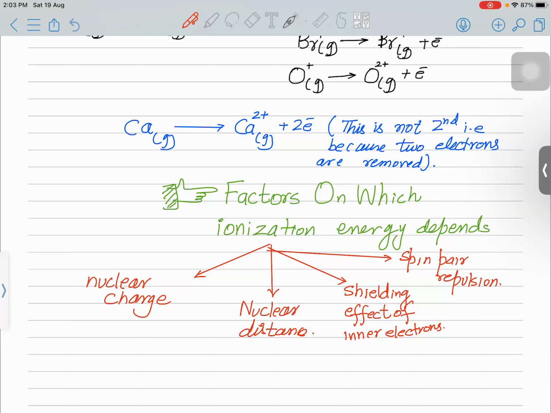It is the conversion from plus one to plus two, where another electron is removed.